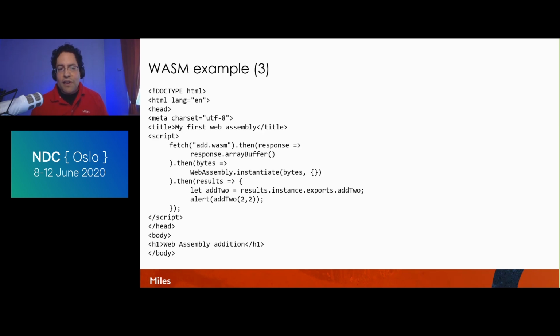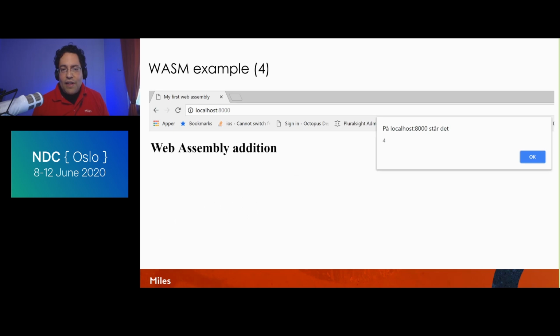Then from the results, we can take results.instance.exports, and here we declare the function name that we declared in our WebAssembly, called add2. We assign this to a JavaScript object add2, and then we can just run it as a regular JavaScript function. To see what it looks like, we can make an alert and then add 2 integers. So we have made our first Hello World program in WASM.